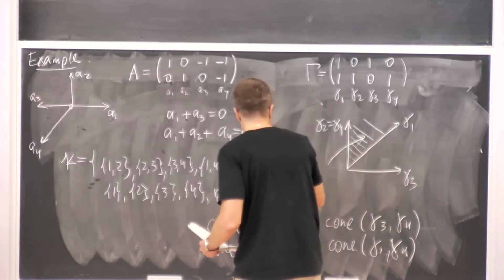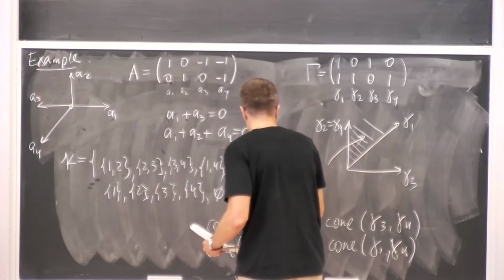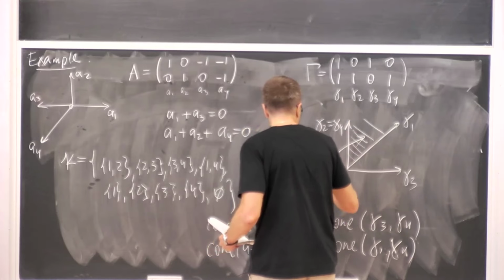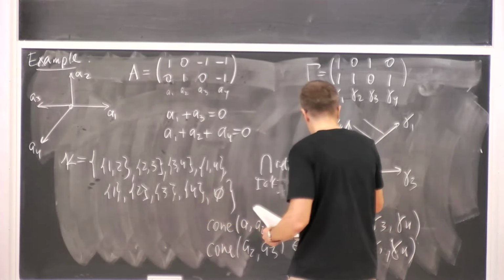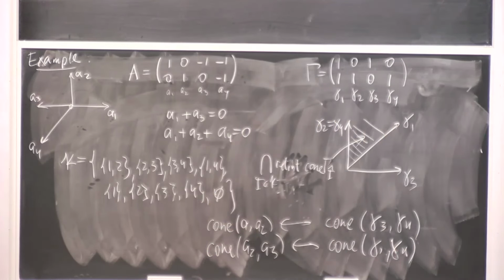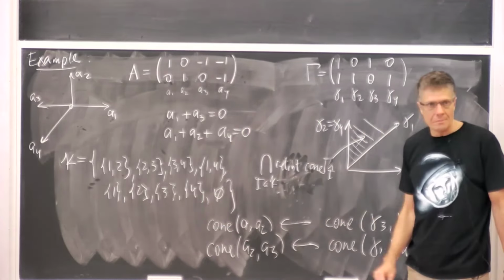This one is the intersection of all of the relative interiors. So it's actually, in this case, you have a stronger condition than just those Gale dual cones intersect pairwise, right? But the whole intersection of this one is non-empty.